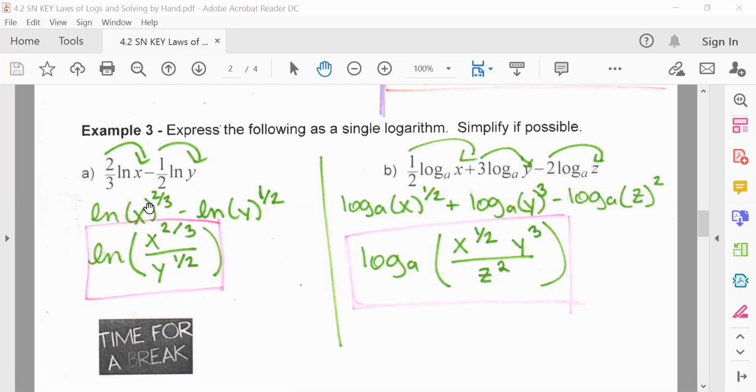Now, that's two separate logs being subtracted. Subtracted leads to division. So then this becomes natural log of these two factors divided: x to the power of 2/3, y to the power of 1/2 in the denominator. Okay? Any questions?